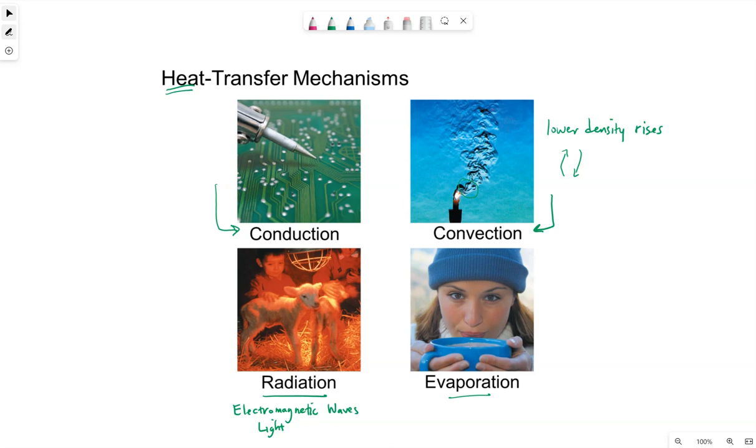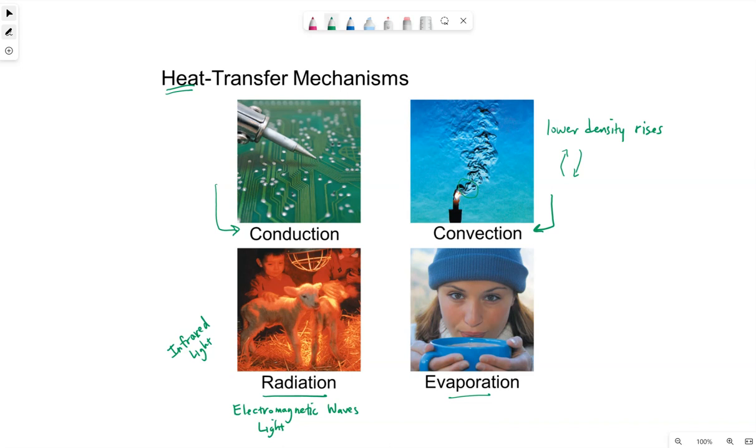The reddish light that we're seeing here is infrared. Infrared light, there's electromagnetic waves. We can call this infrared radiation as well. So the energy is emitted with some form of light.